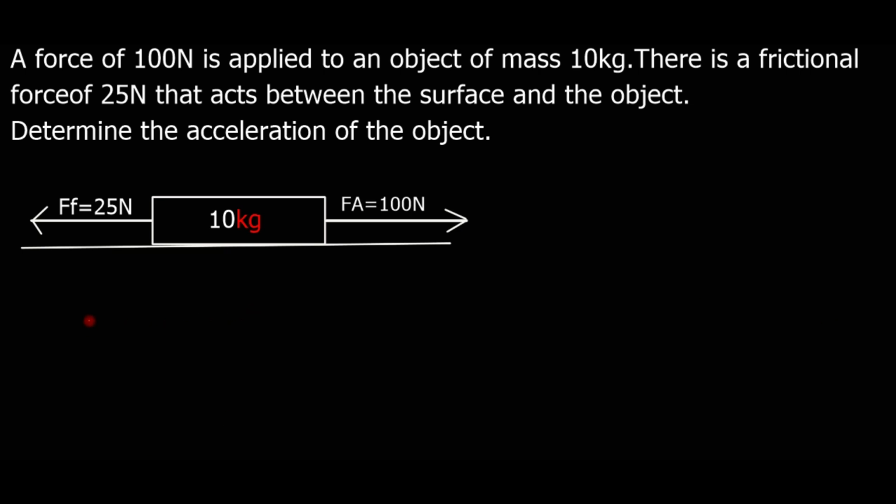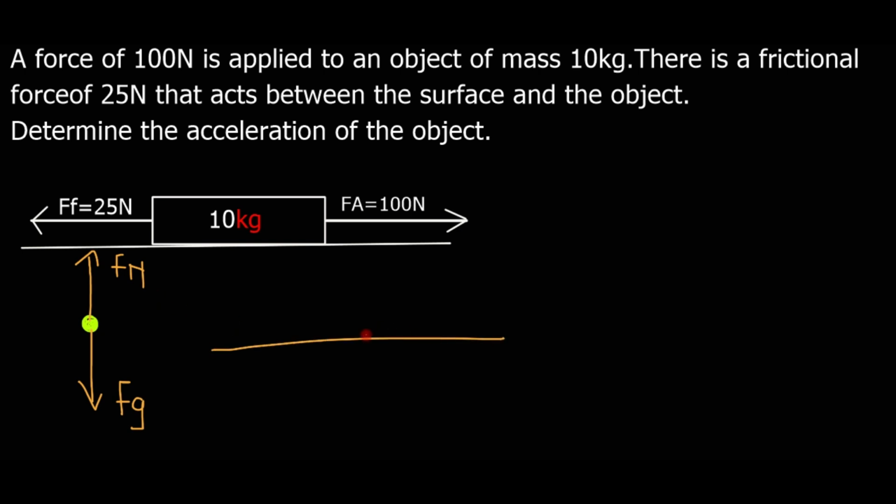So now let's solve this question. First, I draw a free body diagram. We have a gravitational force that is acting downwards on the object. And then we have a normal force. A normal force always acts perpendicular to the surface.